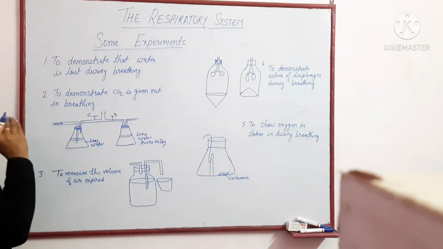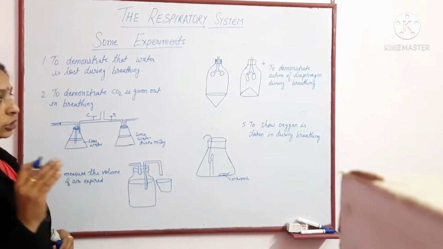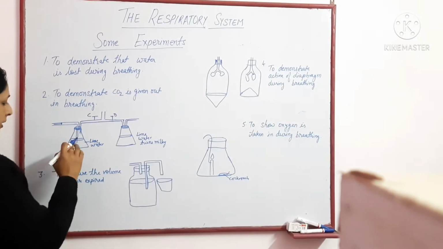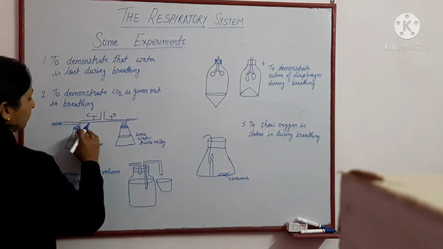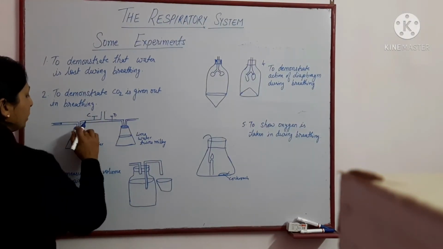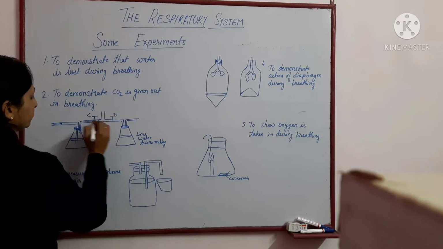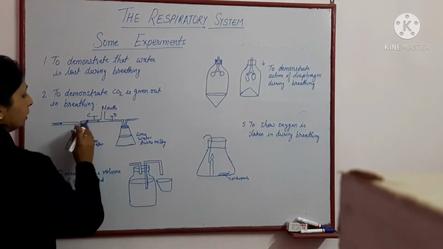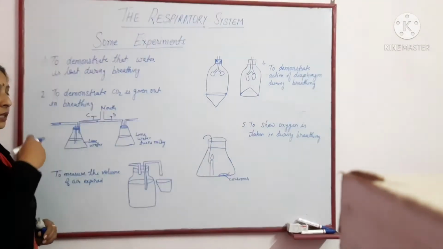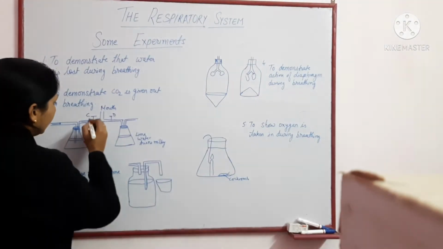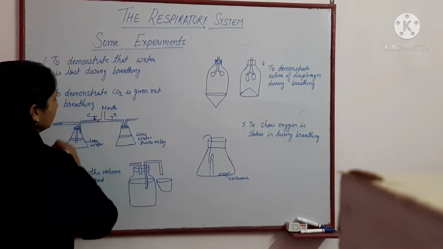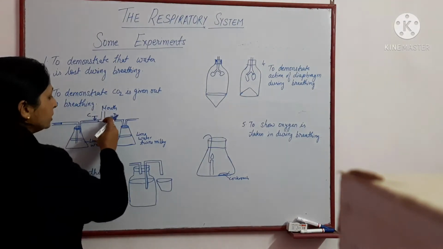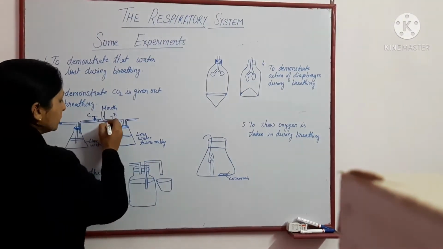This is just to prove that the air entering is free from carbon dioxide, and the air is then allowed to enter this tube, where after entering here, it is taken in through the mouth, and this valve is closed.